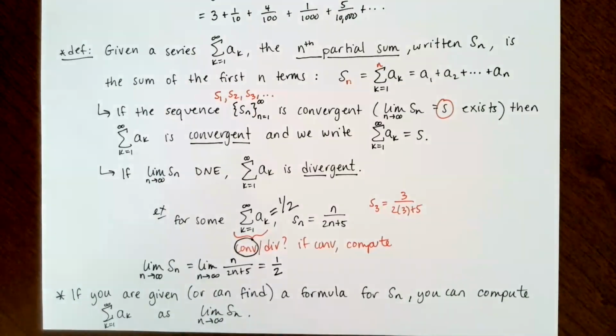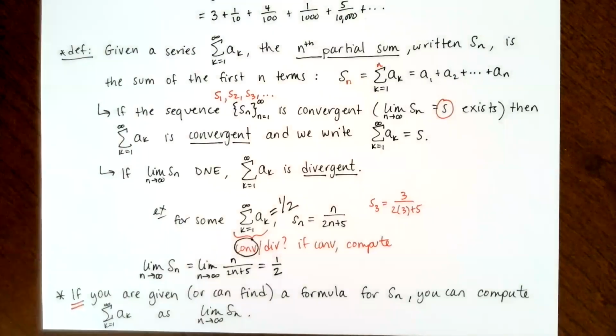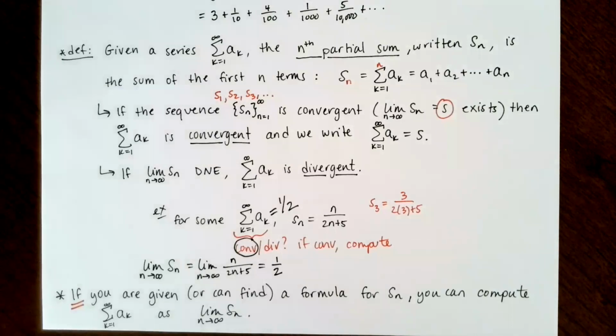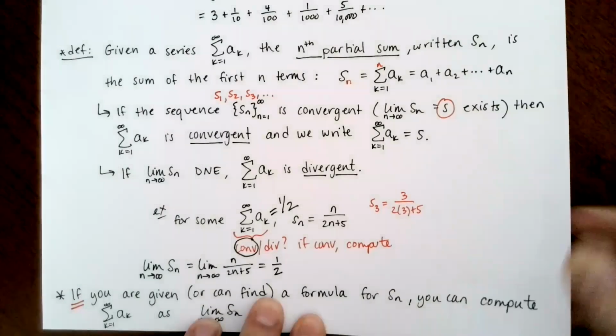And this is a very, very big if here. This doesn't happen too often. We'll run into a handful of examples in this particular section that have it. And then after that, getting a formula for the partial sums becomes increasingly difficult. So we turn to other methods instead. But for now, this is our one move. And we're going to build up to a second move.